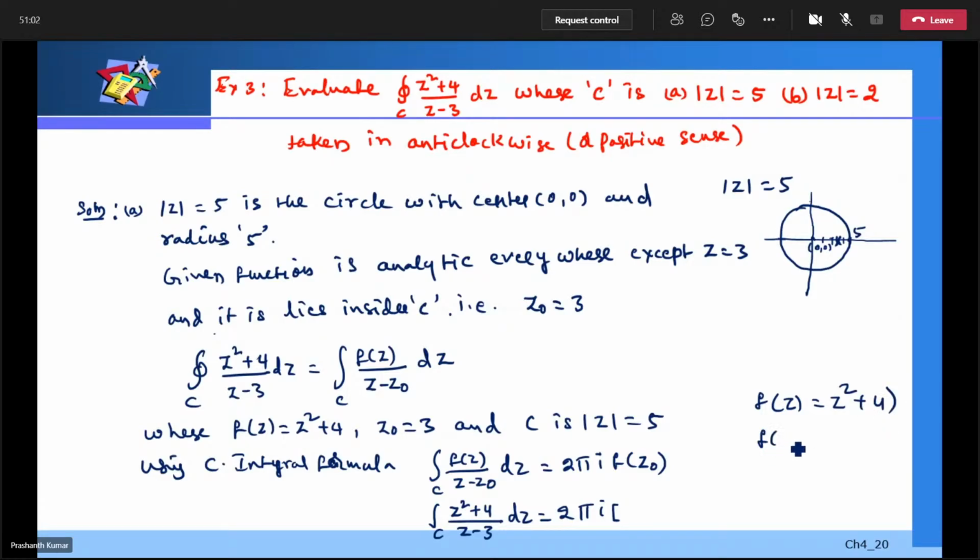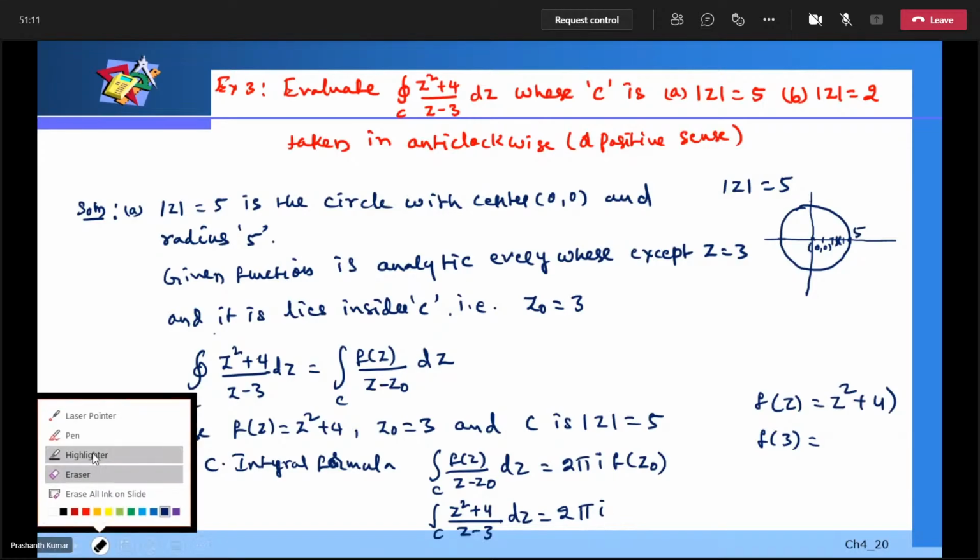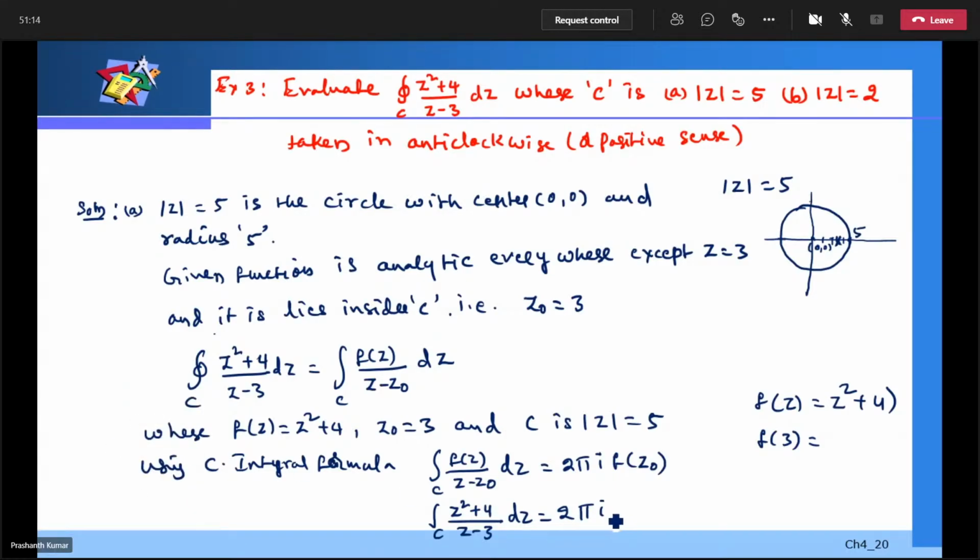That means f of 3 is 3 square plus 4, which is 9 plus 4, that is 13.